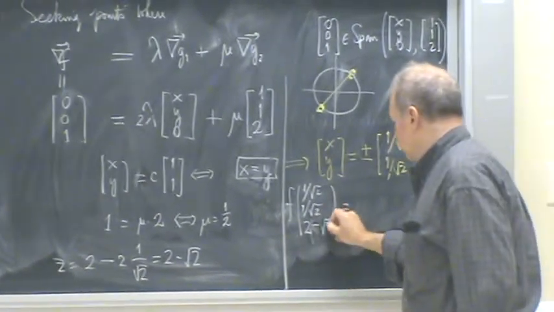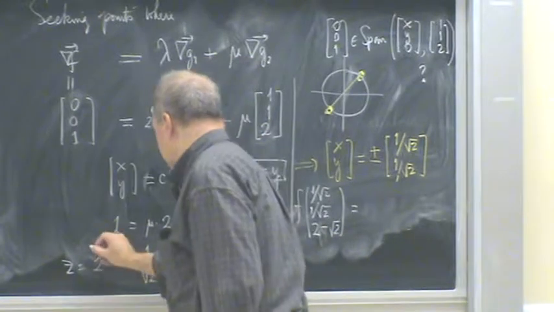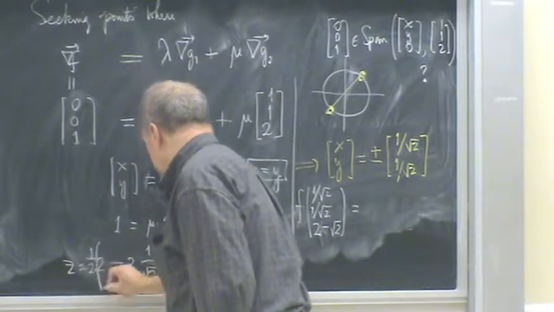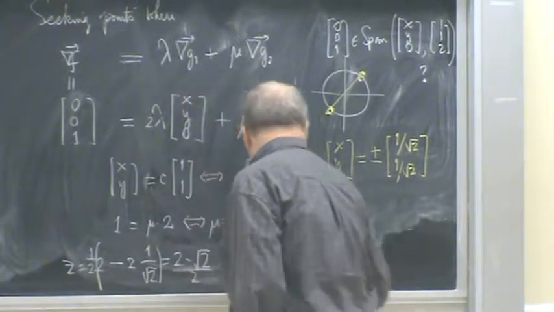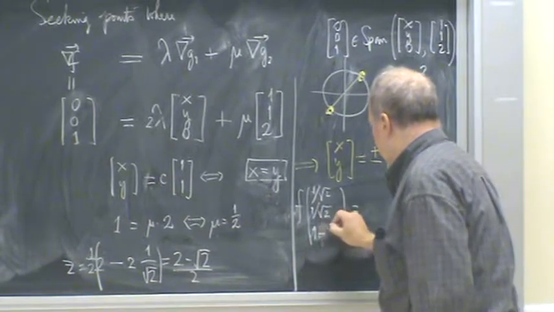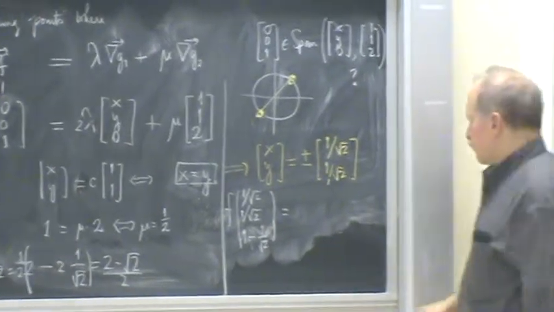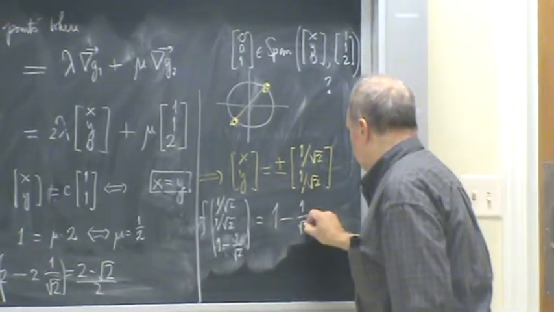Wait, but it's divided by 2. Oh yeah, it's 1/2, thank you. So it's just 1. So it's 1 minus 1 over root 2, actually.